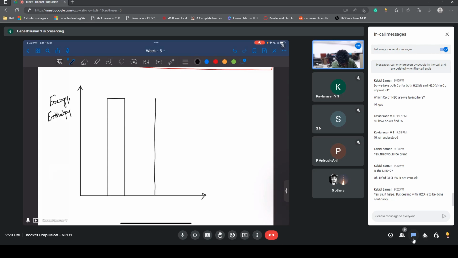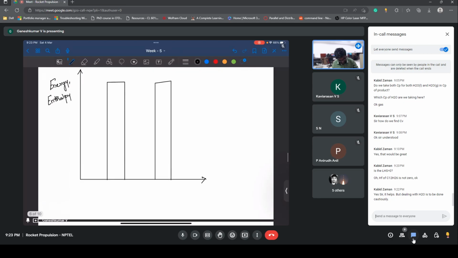And there is another bar chart. So this is reactants, or in our case it's a propellant C12H26, and then O2, right? In that, if you see, there will be a lot of chemical enthalpy.